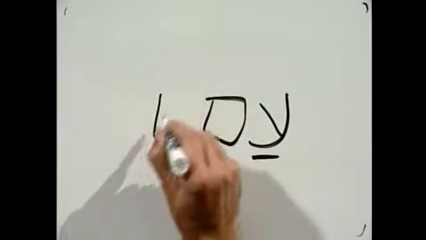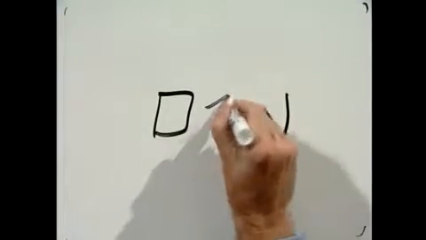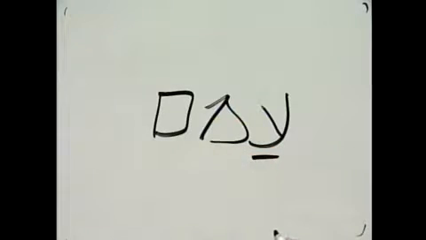This goes back to a double mem. And so the word really is ayin mem mem. But again, Hebrew tries to avoid writing the same consonant consecutively, and so what they will do is simply put one consonant there.